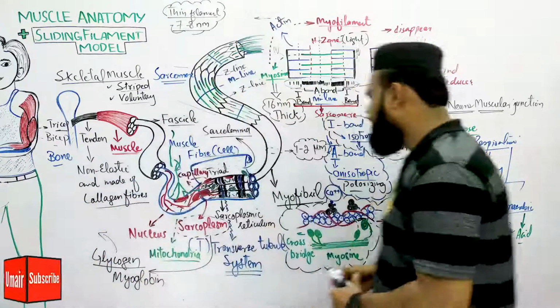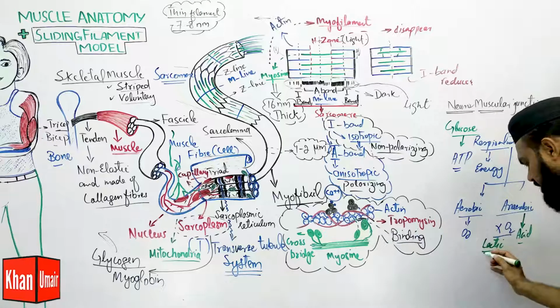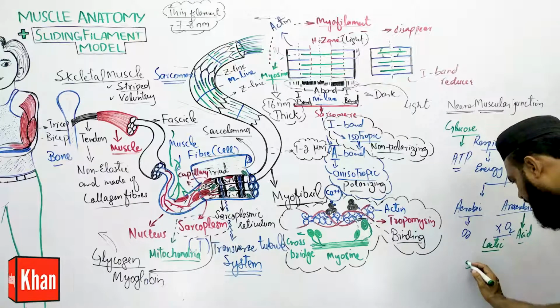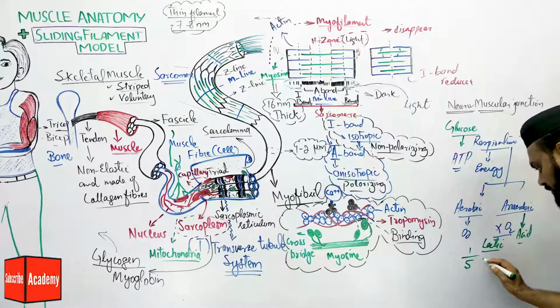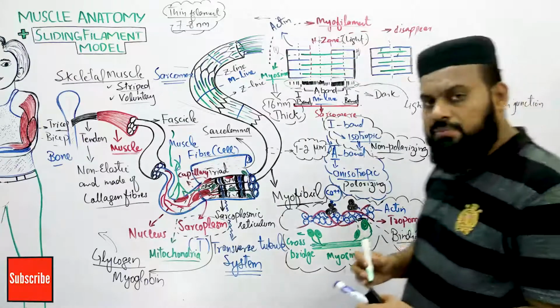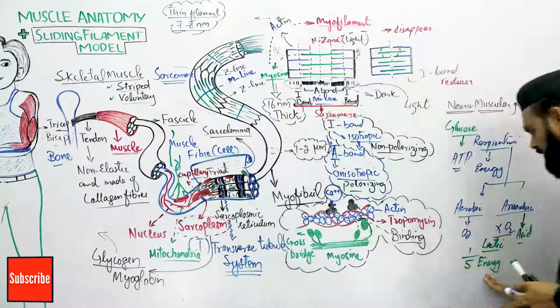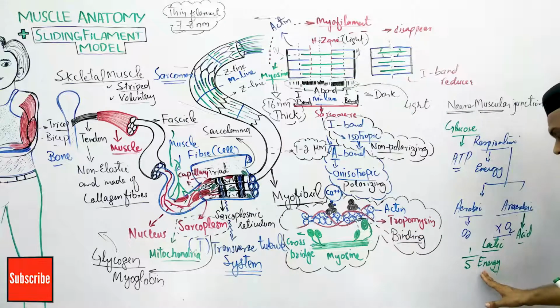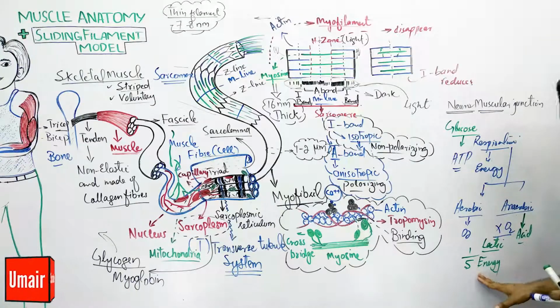Actually, when you sleep and lactic acid is in your body, lactic acid will change. For example, there are 5 molecules of lactic acid. Then one of the 5 will produce energy, as lactic acid is also composed of carbon, hydrogen, oxygen like glucose. So it decomposes or breaks down in the same way as glucose, means aerobically.